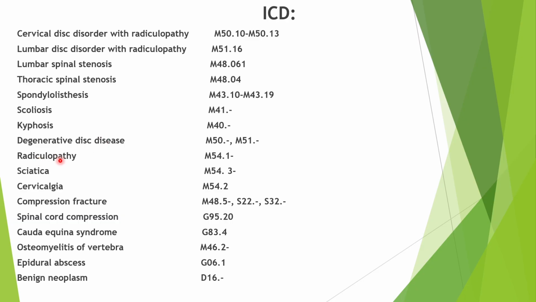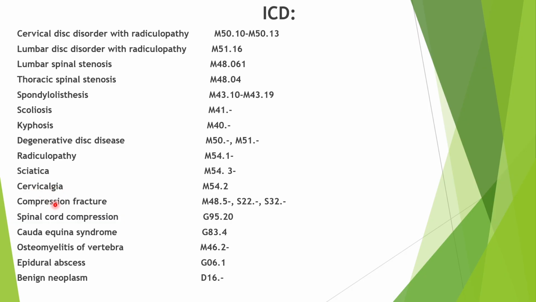So next one, radiculopathy. Radiculopathy is nothing but compression, irritation, or inflammation of the spinal nerve root. Okay. Sciatica. Sciatica is just compression of the sciatic nerve, usually from a lumbar disc herniation. Now, next cervicalgia. Cervicalgia is the medical term for neck pain caused by muscle strain, injury, or a disc problem.